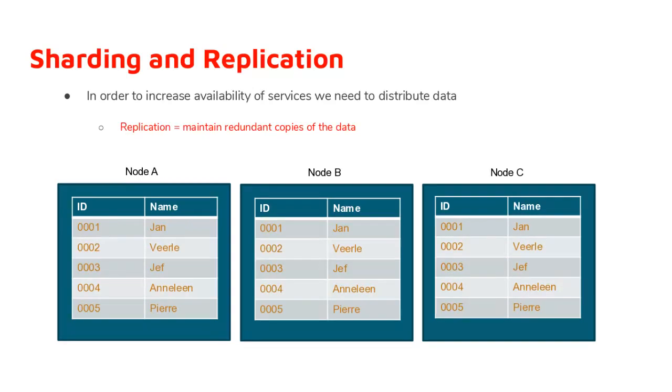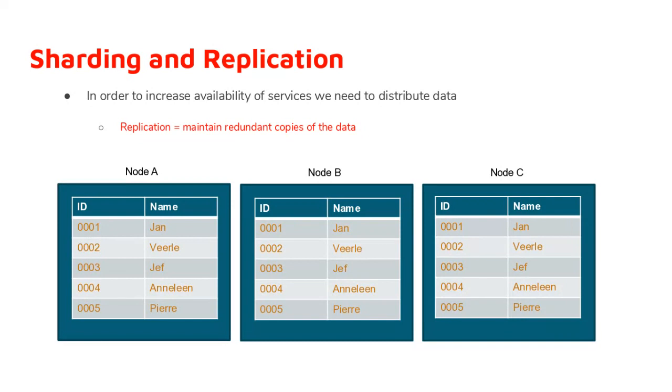Okay. And then sharding applications. In order to increase the availability of a service, we need to distribute data, and the main thing is replication. Here we have a key value table, ID and name.